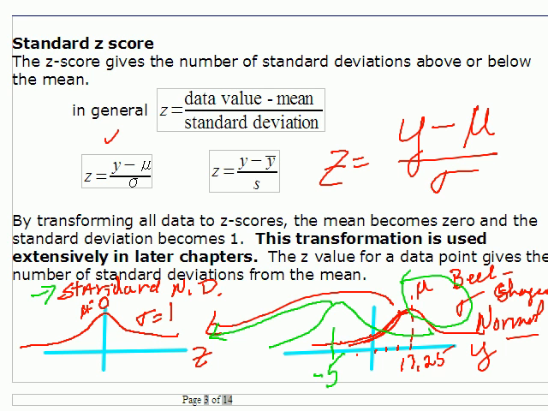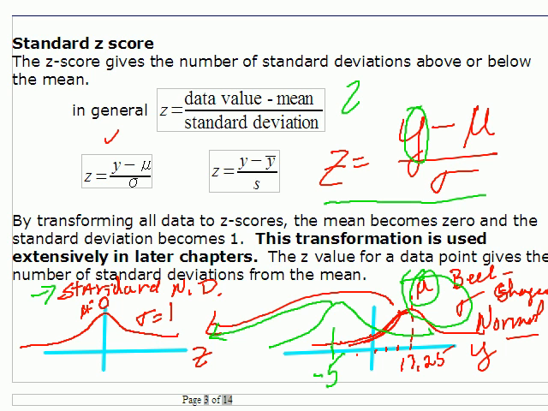There are other distributions besides the normal distribution. There's also the T distribution, which looks similar to the normal distribution, and it also requires a mean of 0 and a standard deviation of 1. To see that the mean is going to go to 0, look at this equation right here. Let's say this Y value is the mean.